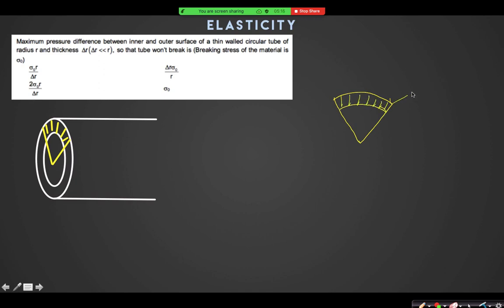And this is the length of the tube. Suppose the length is L. This is the side cross section.